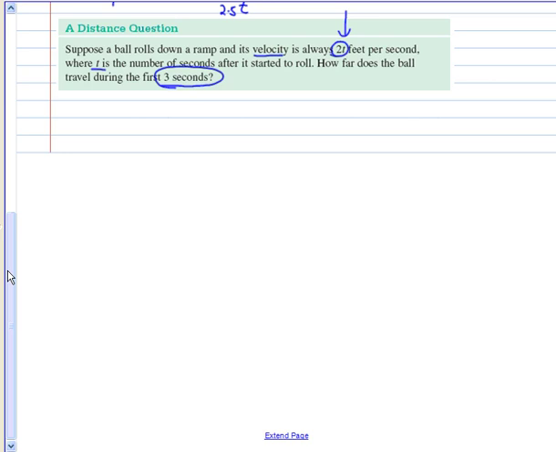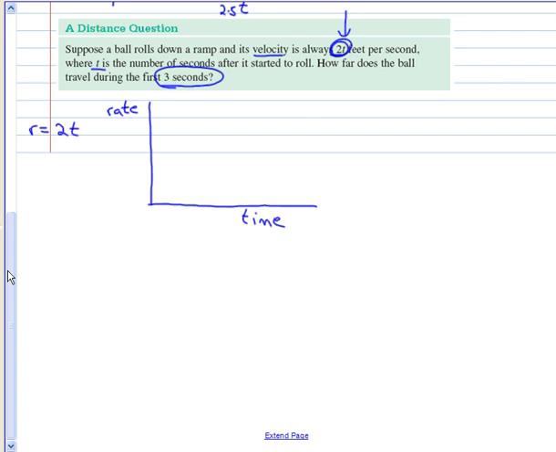Well, let's see if we can do the same idea with a graph that we did a minute ago. We're going to have a rate versus time graph, and our rate equation is 2t. So r equals 2t. That is a linear equation.